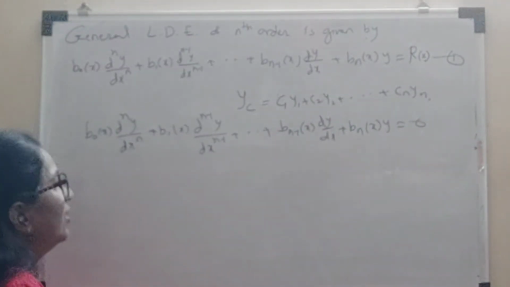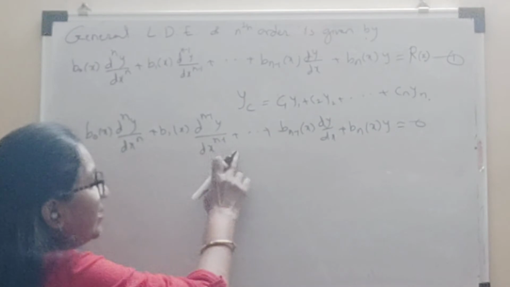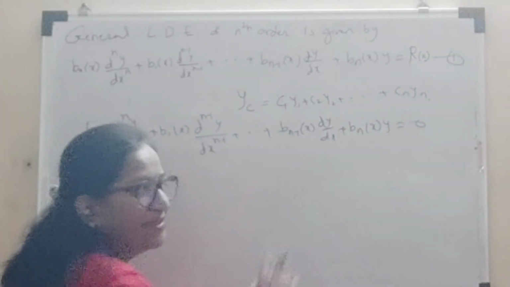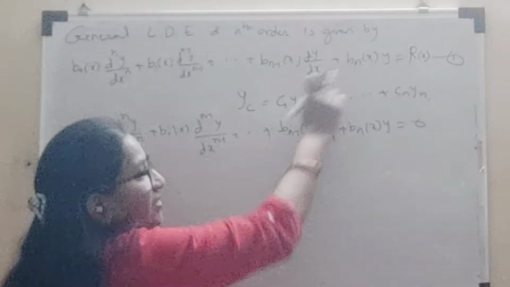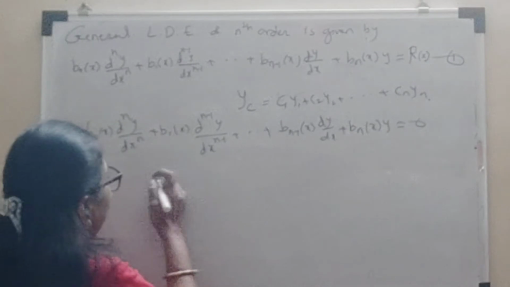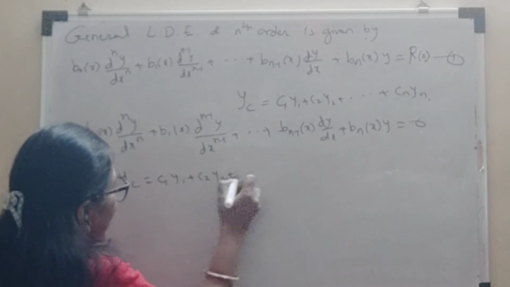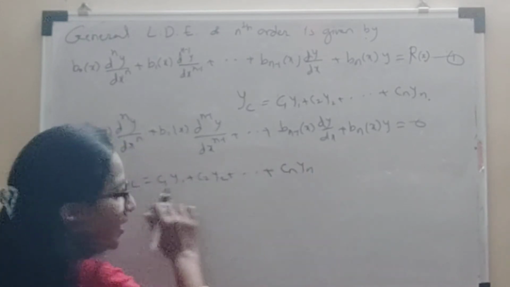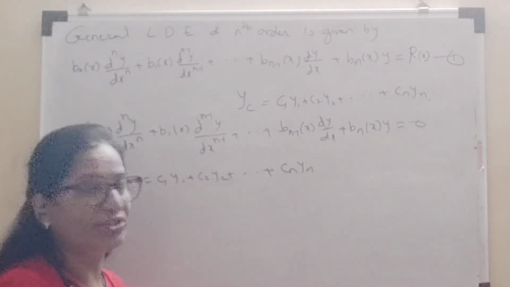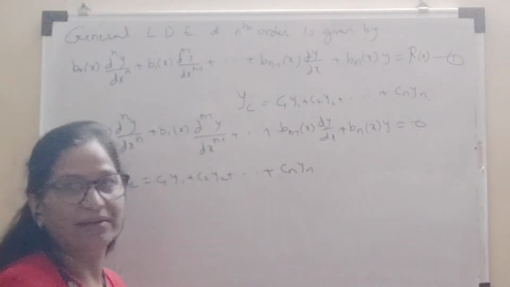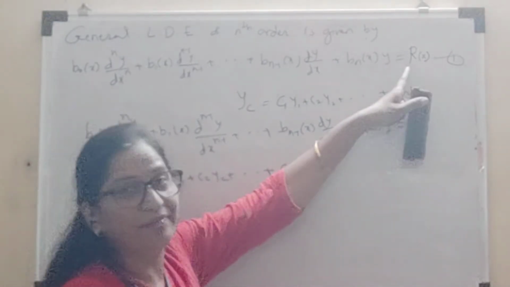It is called the associated homogeneous differential equation of the given non-homogeneous differential equation 1. Now for this associated homogeneous differential equation, the solution is given by yc, and that is the general solution for this equation but not for equation 1. So yc is equal to c1y1 plus c2y2 plus so on plus cn yn. Suppose I am assuming here y1, y2 up to yn are n linearly independent solutions of this homogeneous part. Now what about the non-homogeneous part?